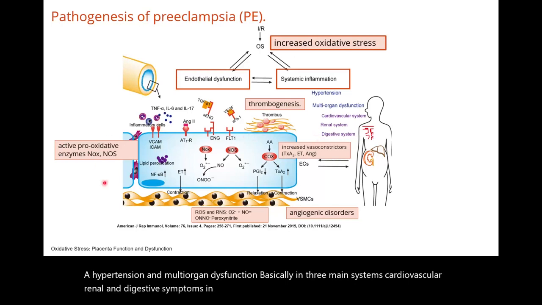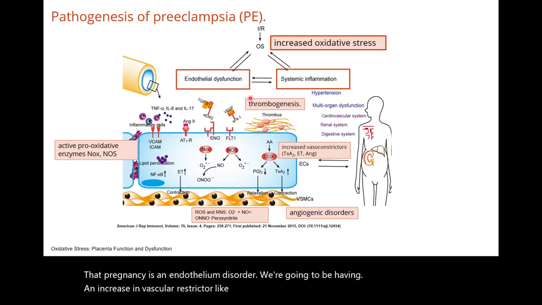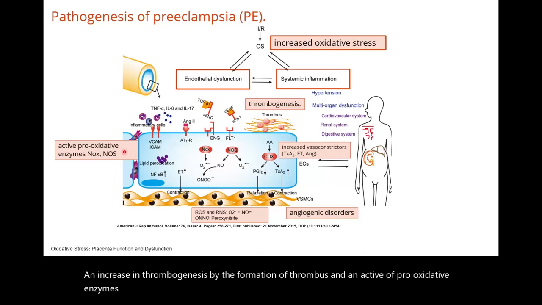In the endothelium, because we talked about that pre-eclampsia is an endothelium disorder, we're going to be having an increase in vasoconstrictors, like thromboxanes, an increase in thrombogenesis by the formation of thrombus, and an active production of pro-oxidative enzymes like NADPH oxidase and endothelial nitric oxide synthase.